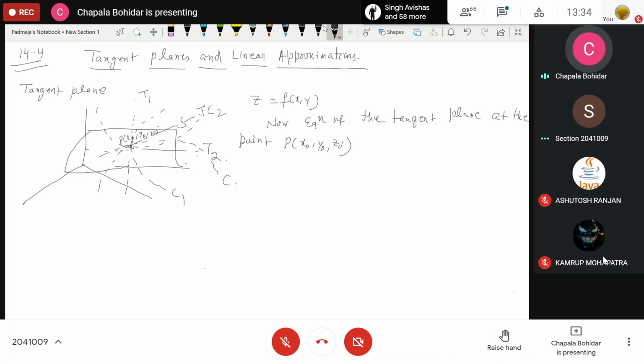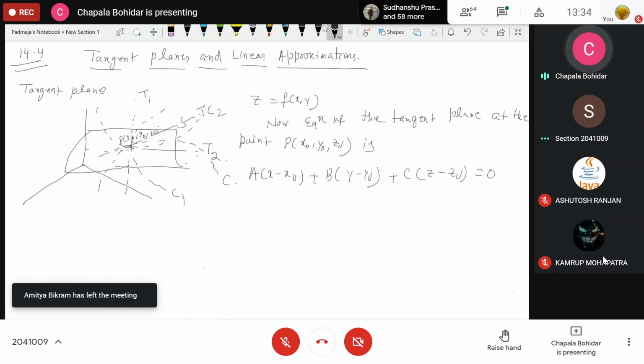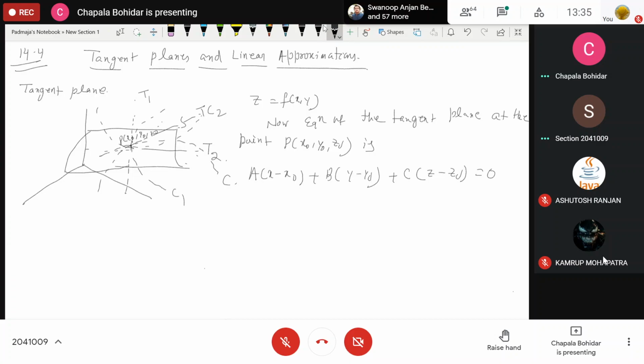The equation is A into x minus x0, plus B into y minus y0, plus C into z minus z0 equal to 0. At this point, the equation of the tangent plane is this one. A, B, C are the components of the normal to the tangent plane. Is it clear?